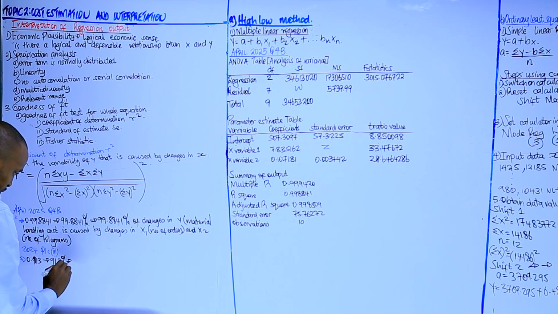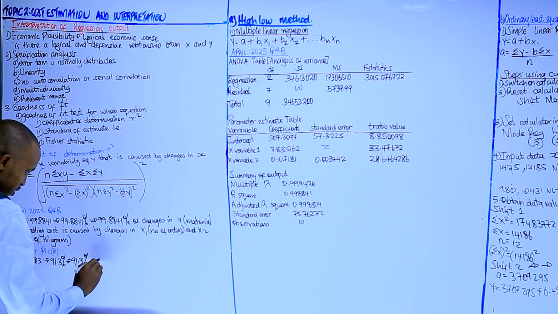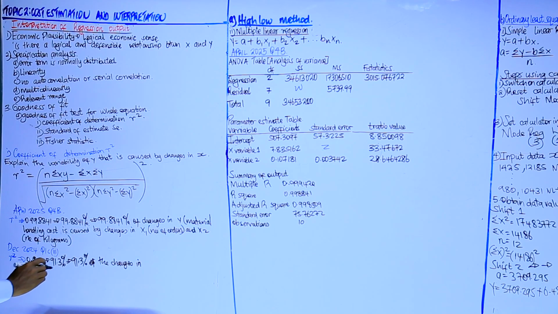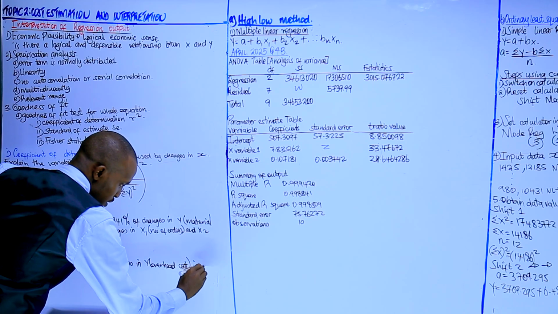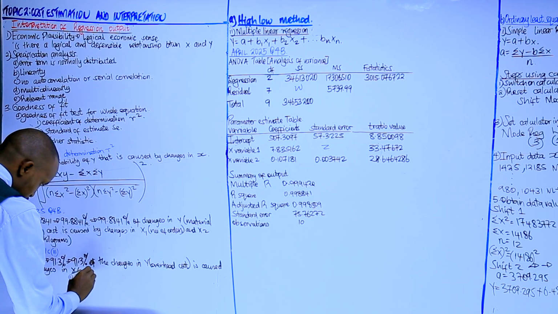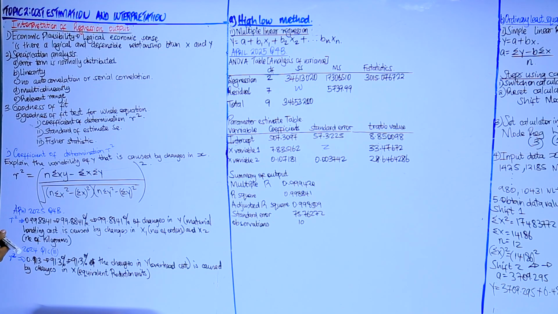Then you explain and say that 91.3% of the changes in Y, and your Y was overhead costs, is caused by changes in X. And X was your equivalent production units.